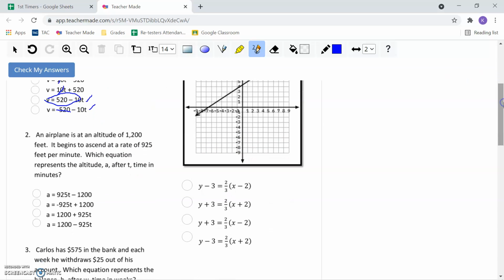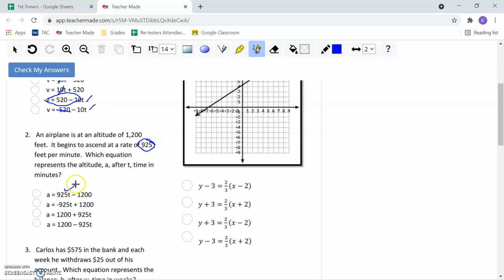Let's go on to this next one, another scenario. An airplane is at an altitude of 1200 feet. That means you're going to start off with 1200. It begins to ascend. What does ascend mean? That means it's going to go up at a rate of 925 per minute. So this 925, it's going up, so it's positive.